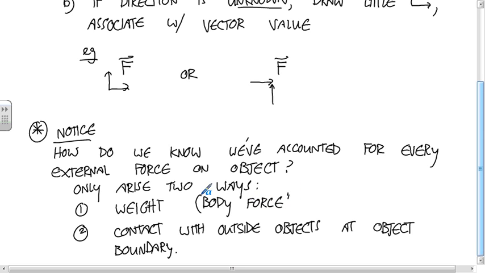Some examples of other body forces would be magnetic fields acting on something, or electric fields. But we're not going to be talking about stuff like that. So for us, the only body force is the weight. And then contact with outside objects is called tractions.